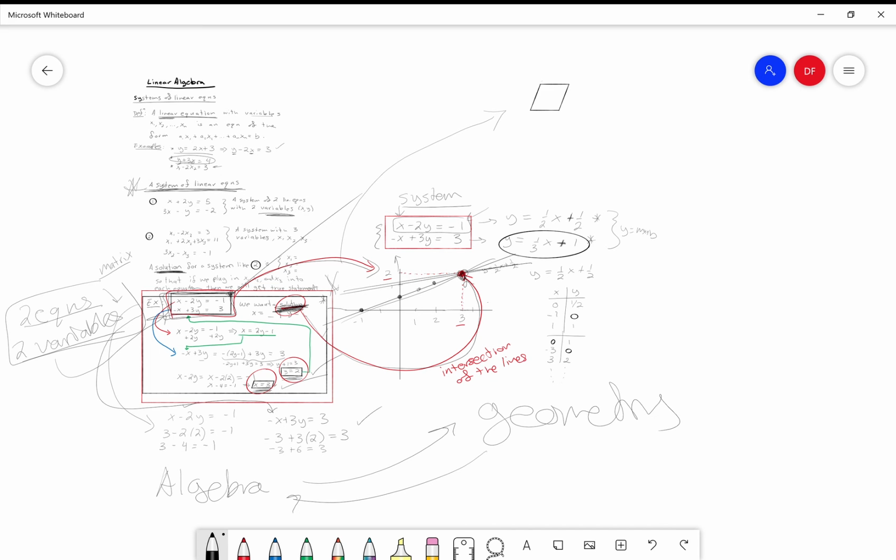We're going to see examples. I'm not just going to give you this general overview. We're going to see examples of when this is very important for solving problems in engineering.